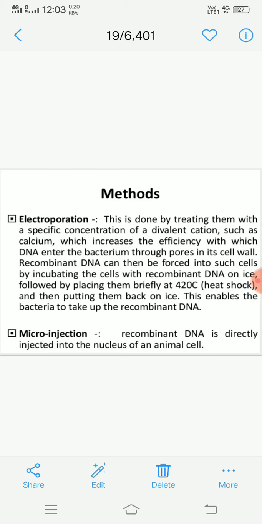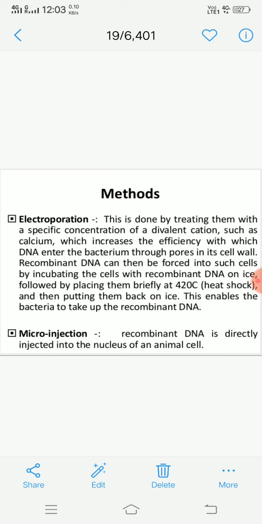Here also a divalent cation salt such as calcium is used, which increases the efficiency so that the DNA can enter the bacteria through the pores of the cell wall. How is it done?